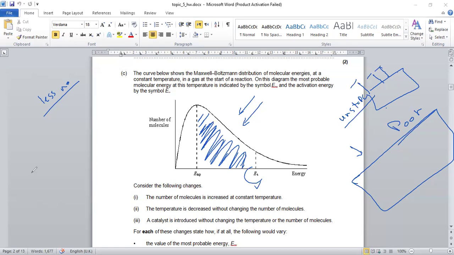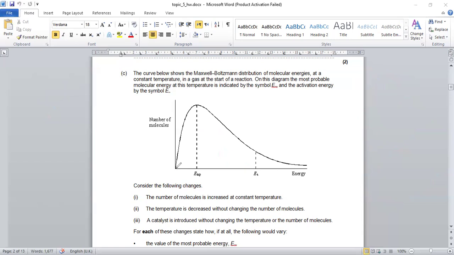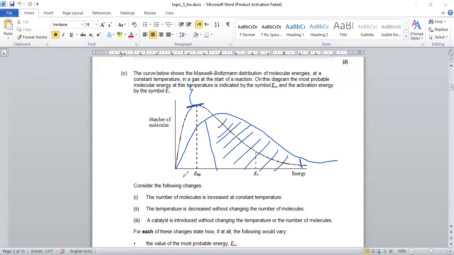So by increasing the temperature, that will be the shape of the Boltzmann curve. When increasing temperature, it will increase the area of activation energy and decrease the number of molecules that have the maximum energy, exactly like this.